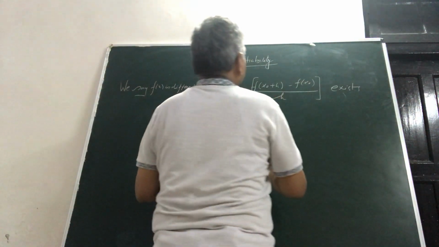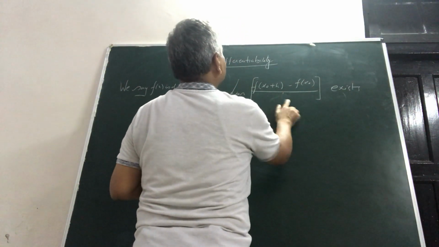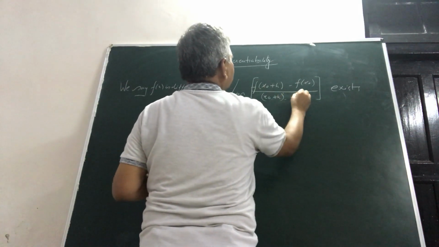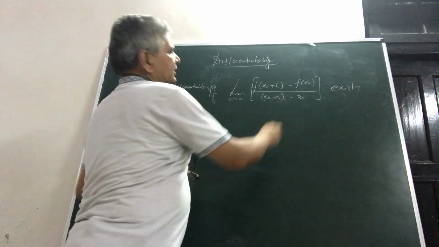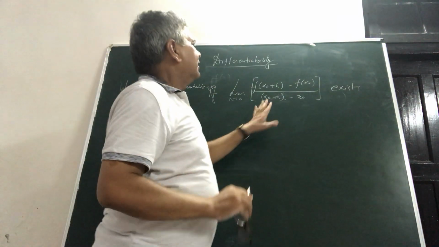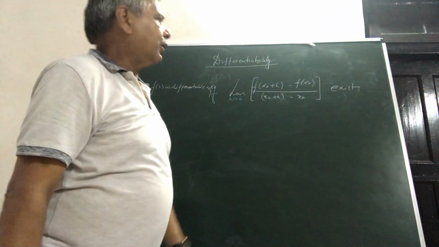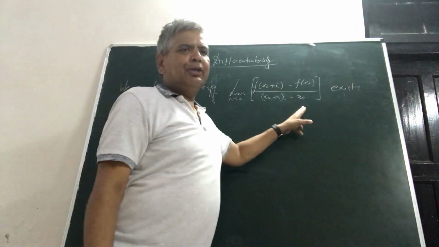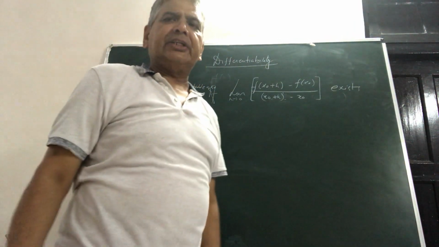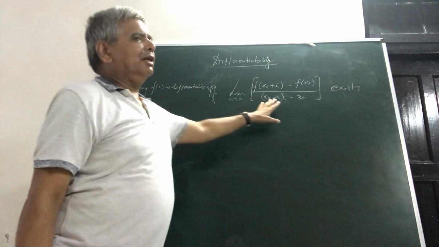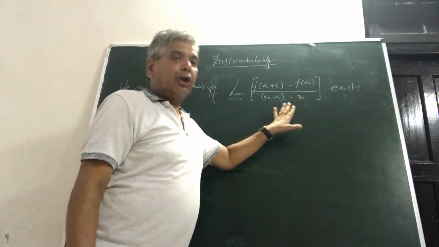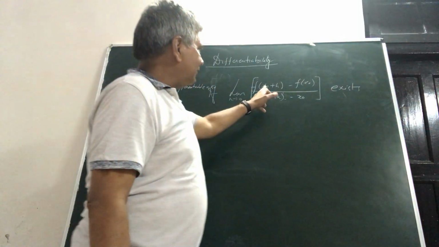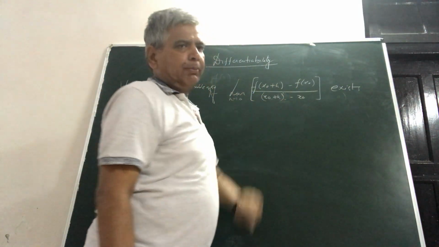And this h can well be written as x naught plus h minus x naught. Instead of writing the denominator simply h, better write x naught plus h minus x naught. So what is the denominator giving you? It is giving you the change in the value of the variable, not in the function. The numerator is giving you the change in the value of the function when the variable has been changed from x0 to x0 plus h.